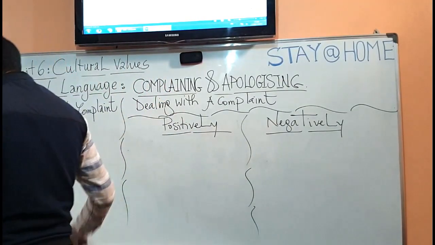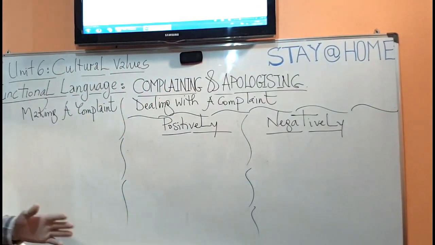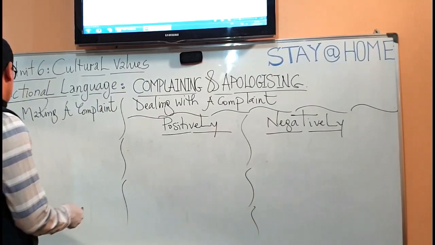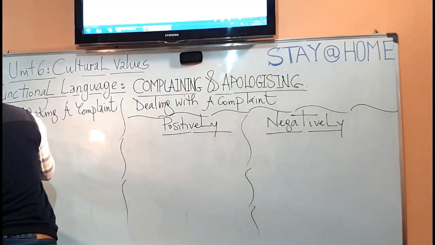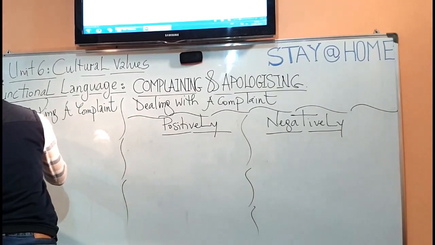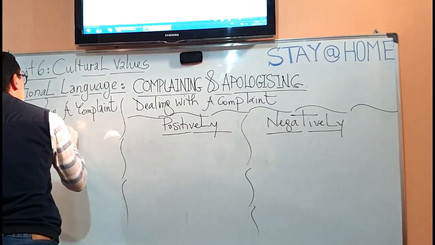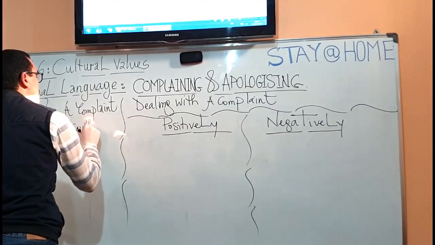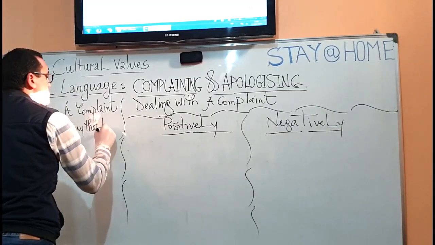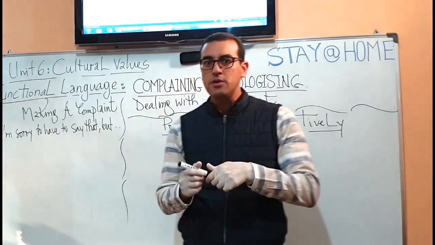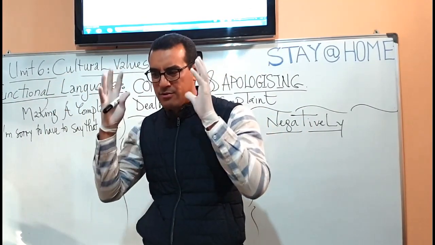So if you want to complain about, let's say, the noise your neighbors are making, you're going to say something like, I'm sorry to have to say it, but. So what we have here is making noise, okay? Your neighbors are listening to loud music.